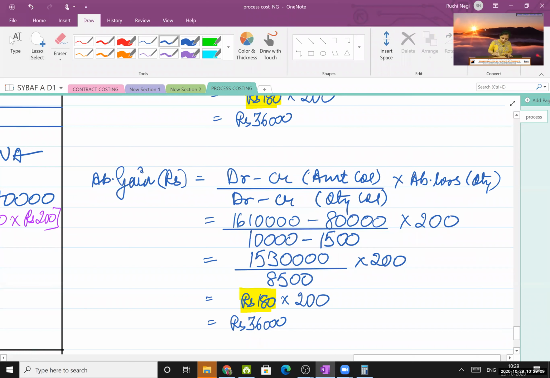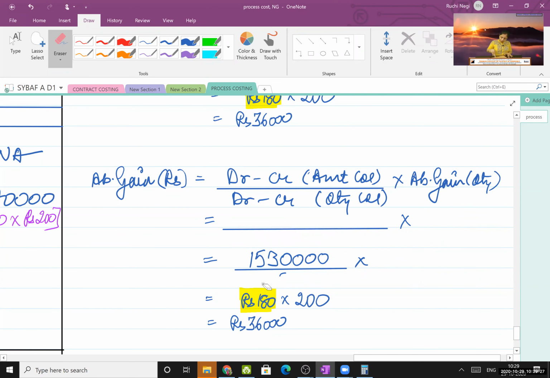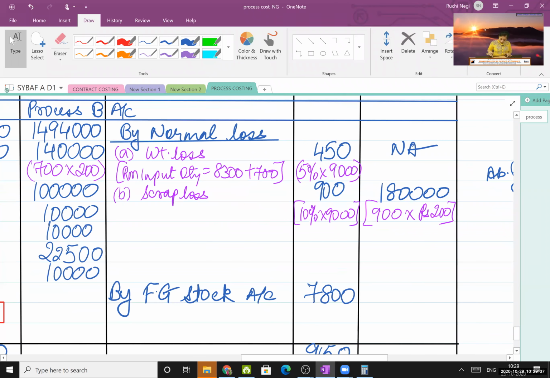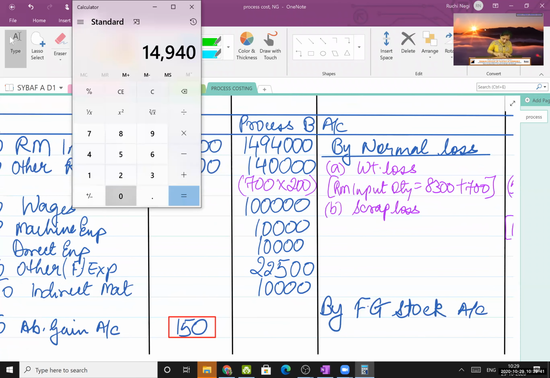It's up to you what you want to write. So debit side, 14,94,000 plus 1,40,000 plus 1 lakh plus 10 and 10, 20, 20 plus 30 to 500. 17 lakh 86,500.